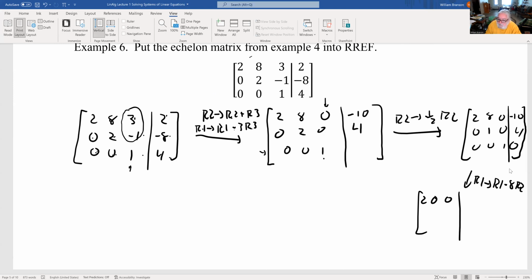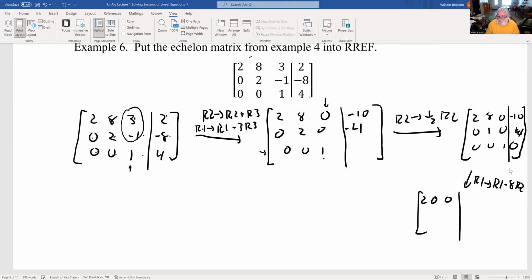Minus 10 minus 32. I may have dropped a sign somewhere. Oh, I did. That's a minus 4 here.